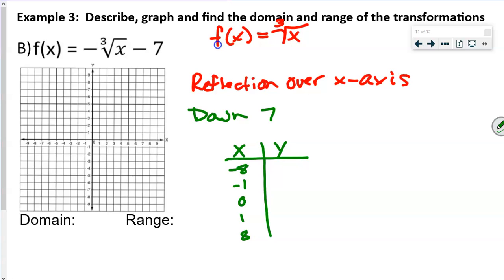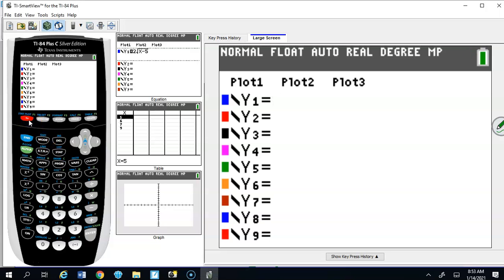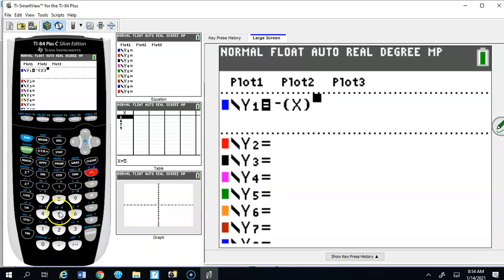So what I'm going to do, again, now I can put this in my calculator, and I'm going to show you guys how to do that again right here now. So again, I'm going to go to y is equal to, and don't put a minus here, but put a negative. You're going to put this right here, negative. And then I'm going to put this in parentheses. I'm going to take it to the cube root, which means I'm going to take it to the 1/3 power. So I'm going to put parentheses, and then to the 1/3 power.